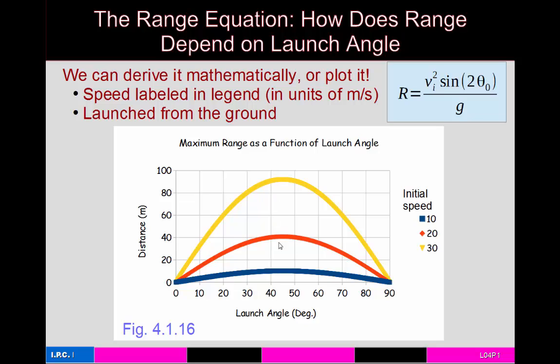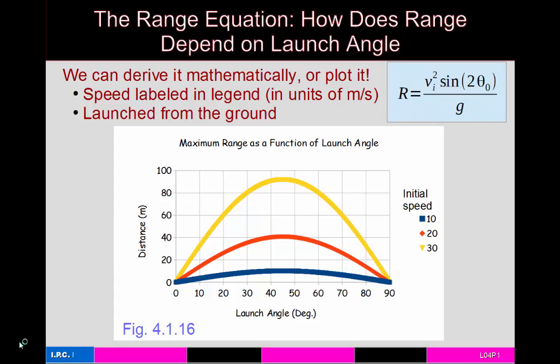Now this, of course, is assuming that you're ranging across flat level ground with no air resistance. But what you see here is that on these plots, you always end up with a 45-degree angle. And you can get that by basically obtaining this range equation and optimizing it for initial launch angle.